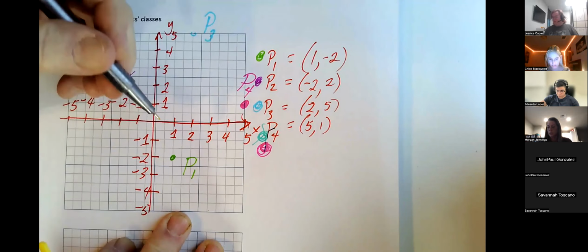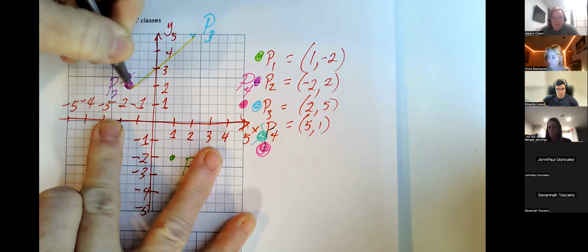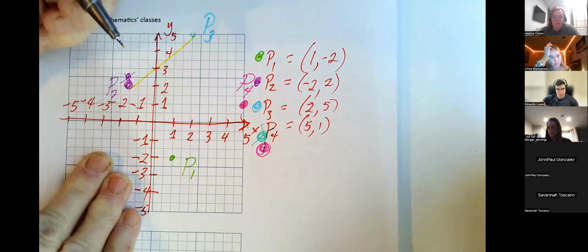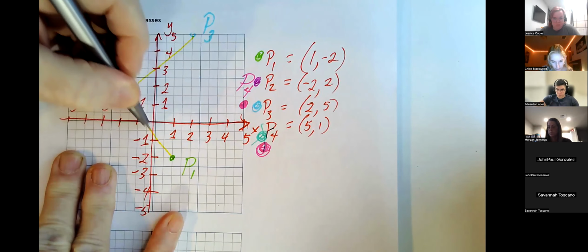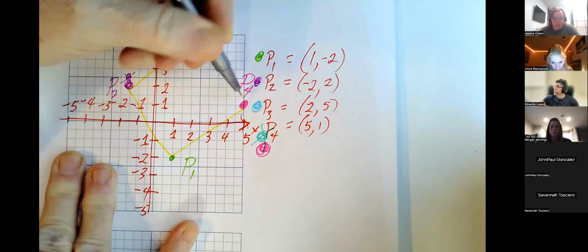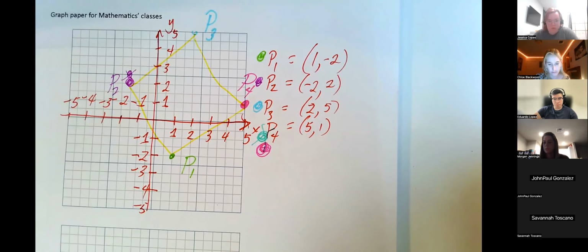Can you all see this color? Does that show up? Yes. Okay, thank you. It was perfect, as you can see. All right, so now it's easier to see which sides I need to find the slopes of and which sides I need to measure to see how long they are.